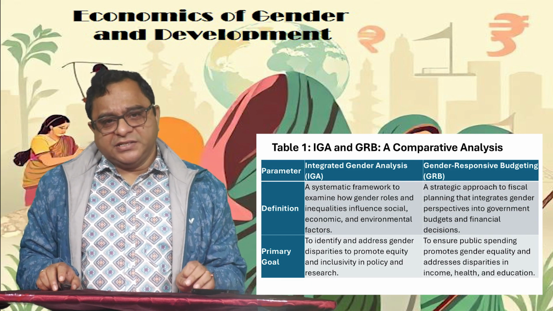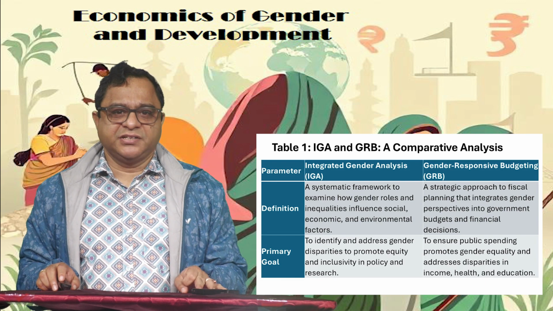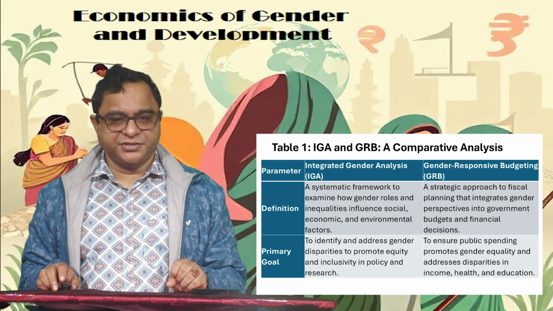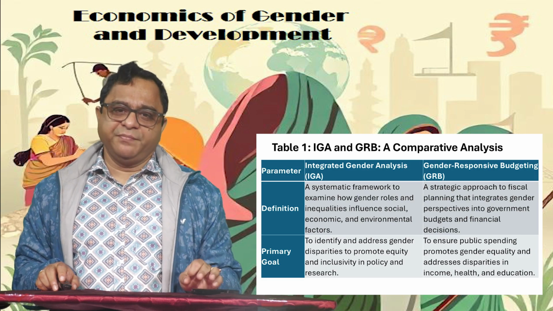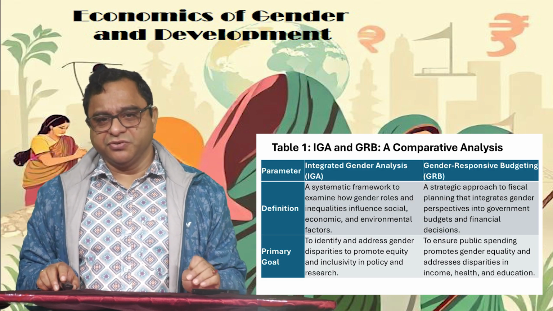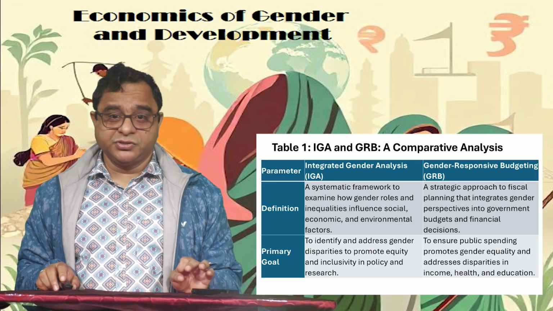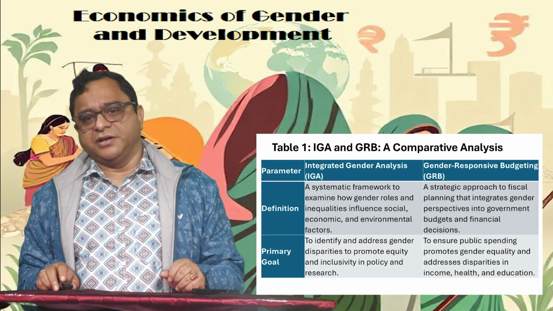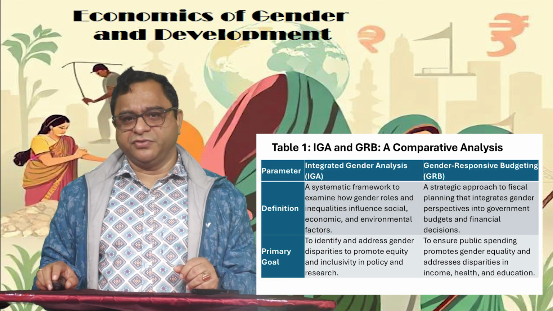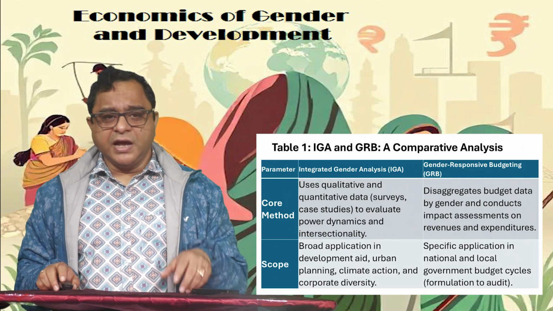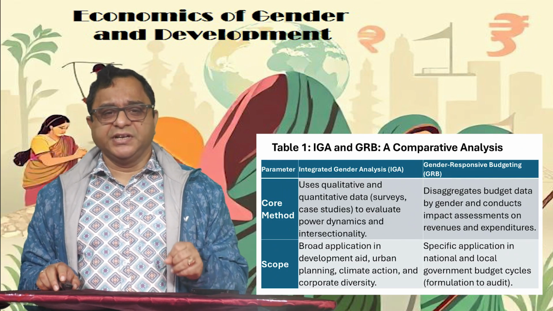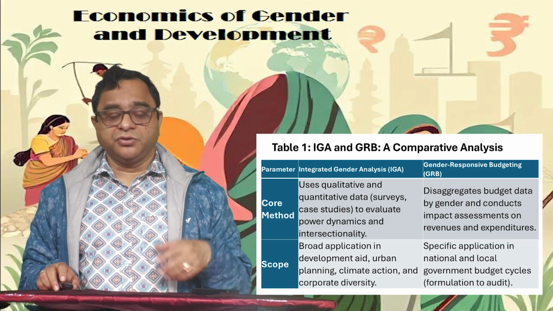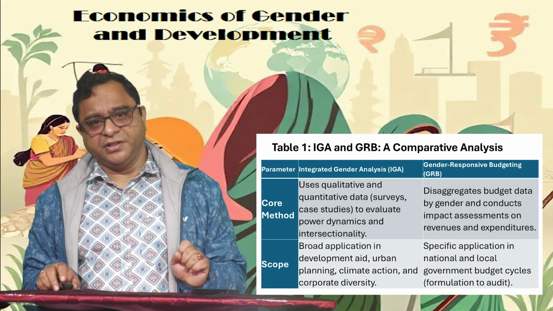The primary goal of IGA is to identify and address gender disparities to promote equity and inclusivity in policy and research. With respect to GRB, its primary goal is to ensure public spending that promotes gender equality and addresses disparities in income, health and education, and other similar variables. The core method of IGA is that it uses qualitative and quantitative data, for example surveys and case studies, to evaluate power dynamics and intersectionality.